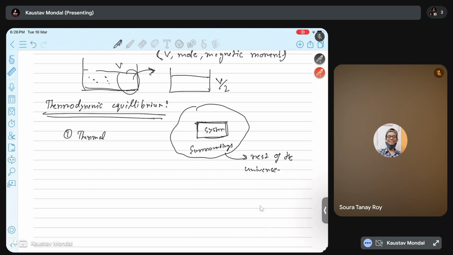The first thing is thermal equilibrium. To quantify whether it's thermal equilibrium or not, we calculate the temperature, as we have already discussed. The temperature of the system should be equal to the temperature of the surroundings. Similarly, the second thing is mechanical equilibrium.